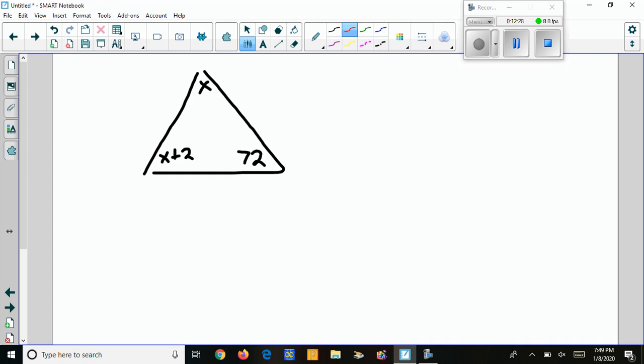Well, again, I'm going to use the idea that all three angles of a triangle, so x plus the x plus 2 plus the 72 is going to be equal to 180 degrees.